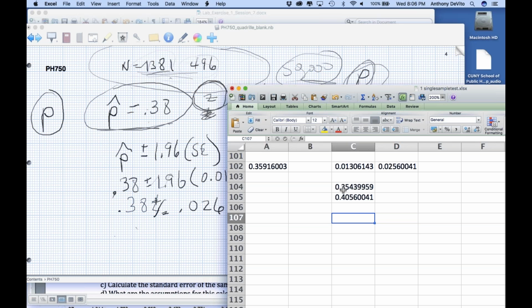Another way we could use the confidence interval is if I told you that we had another population, right? In other words, these are people that participated in the St. Patrick's Day parade, and p cap was 0.38.